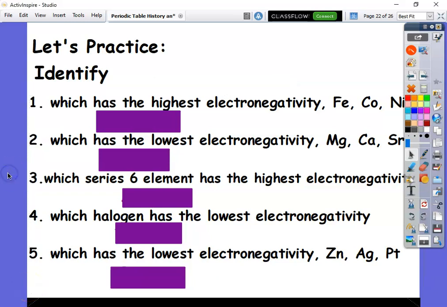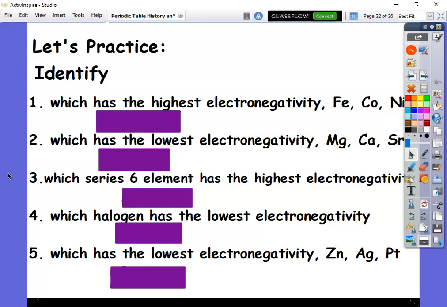Okay, let's take a look at your answers to see how you did. Which of iron, cobalt, and nickel have the highest electronegativity? If you look at the placement of these elements on the periodic table, they're in the same row, so they have the same number of electron energy levels.